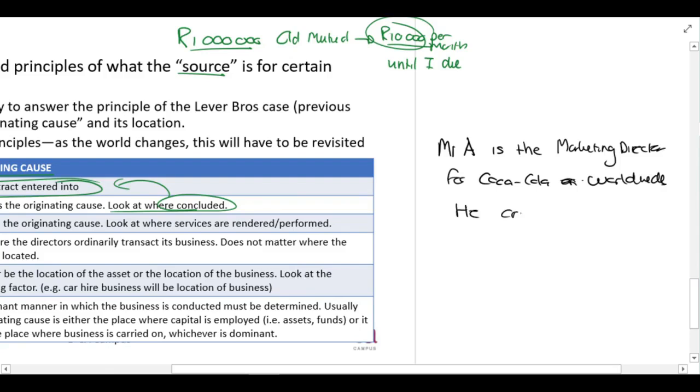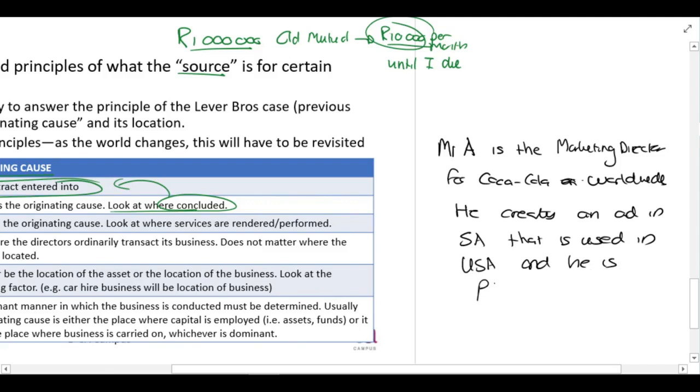He creates an ad in South Africa that is used in the USA, and he is paid 20,000 rands for that. Where did he do that work? Where are the services being performed? In South Africa. So the source is in South Africa, even though it's used in the USA.